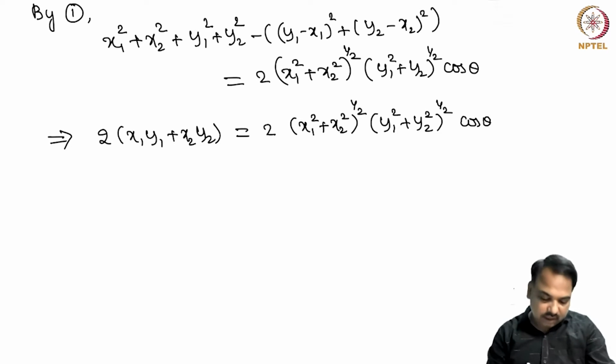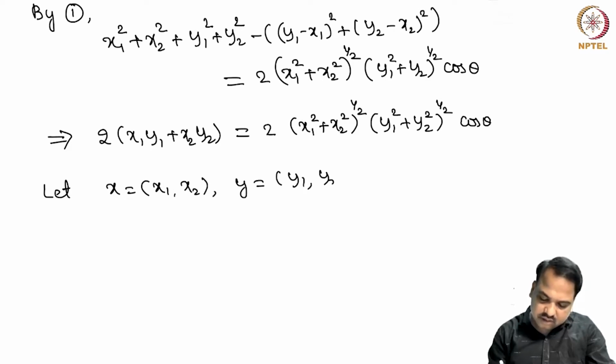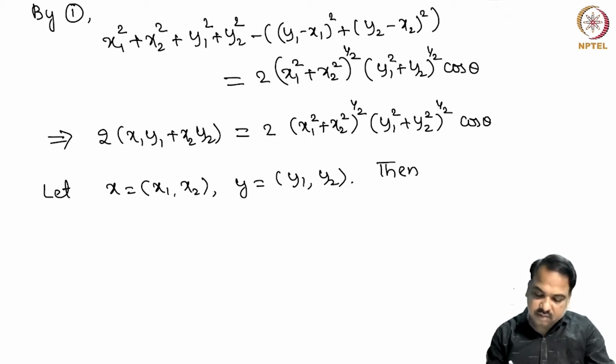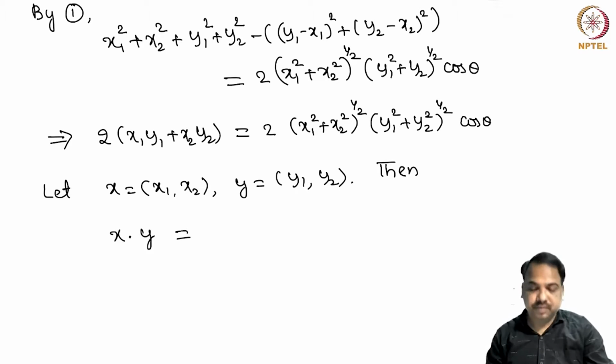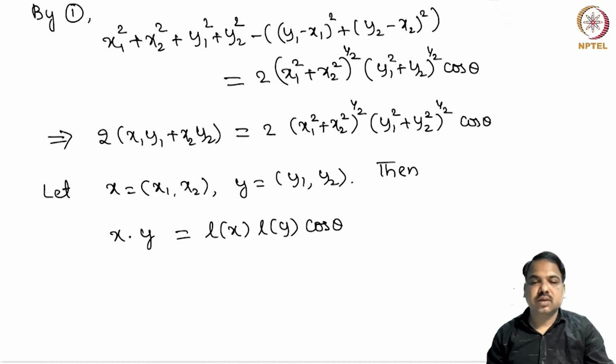So for simplicity, instead of A, let us write x as (x1, x2) and y as (y1, y2). Then the left hand side of the above equation is nothing but the scalar product of x with y, which equals the length of x multiplied by the length of y cosine theta.